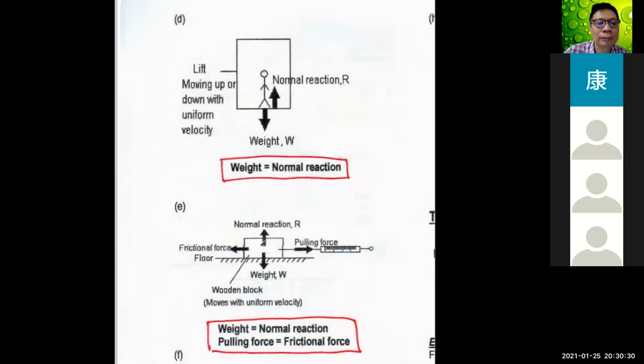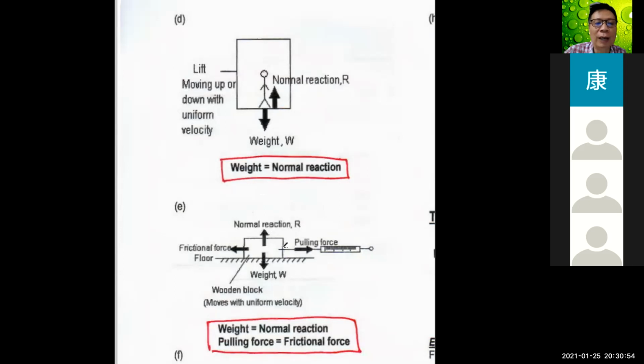Okay, next one. This object is now placed on a table, so you have weight, you have normal reaction, and now this time you add something to pull it, so you have a pulling force, and at the same time you have frictional force. Once you pull it, sure got friction, because when you pull it, it starts to move.